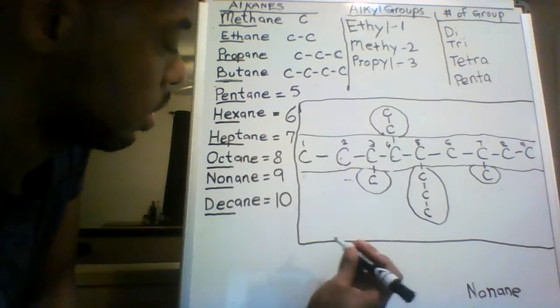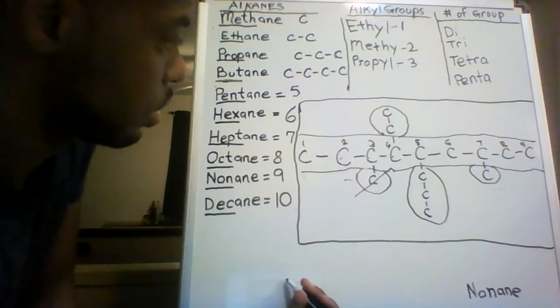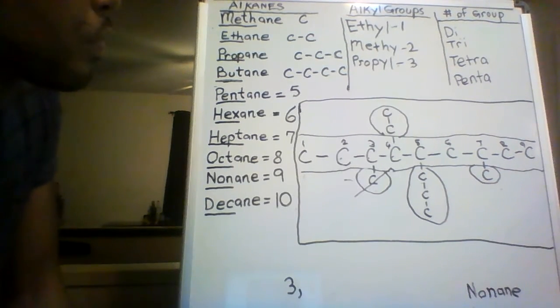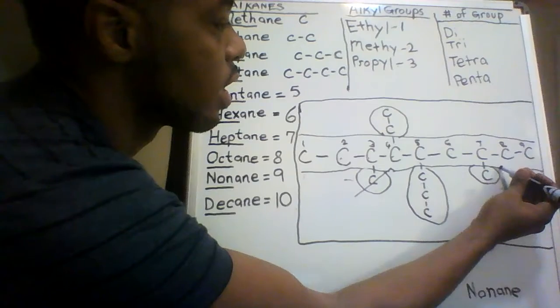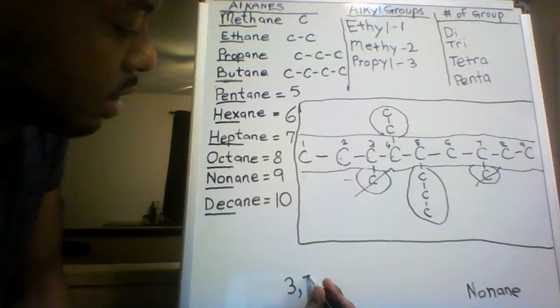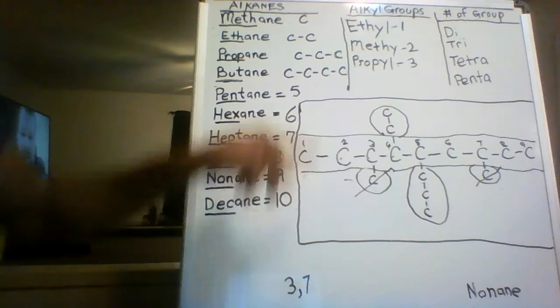So I got a single one on 3. Let's mark that one off. So we're going to go 3. Do I have any other single ones? Right here. And that's on 7. So I'm going to put a 7 right there. So I have 1 on 3, 1 on 7, and it's ethyl.